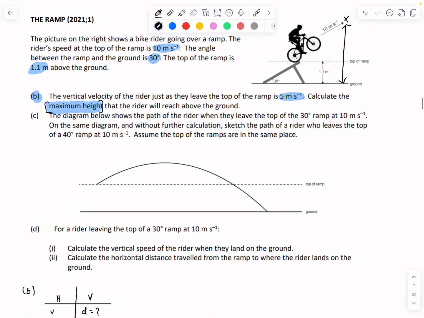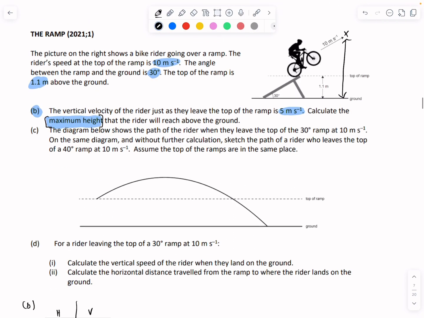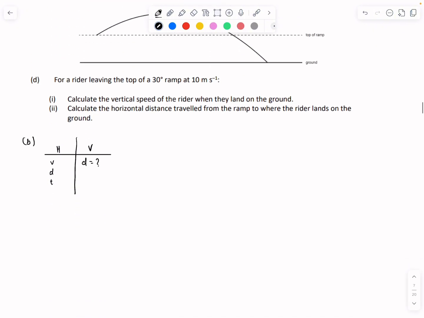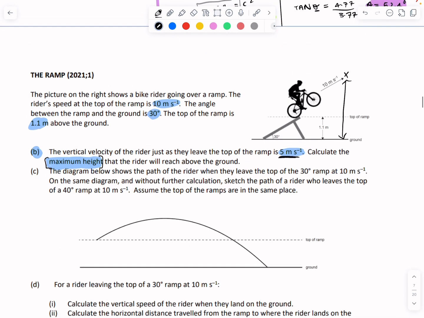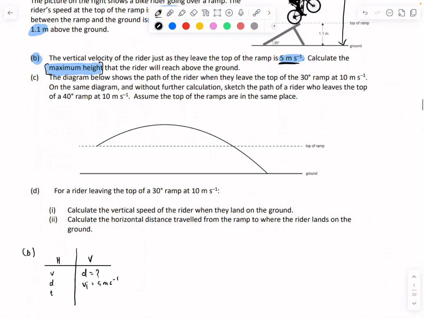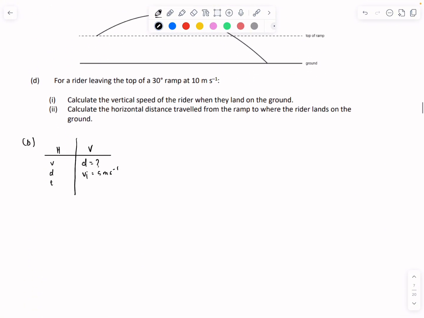What else do we have in terms of the vertical plane? We know that the rider, as they leave the top of the ramp, their initial vertical velocity, VI, is going to be 5 meters per second. What else do we know? We know that acceleration due to gravity is 9.8 meters per second squared.